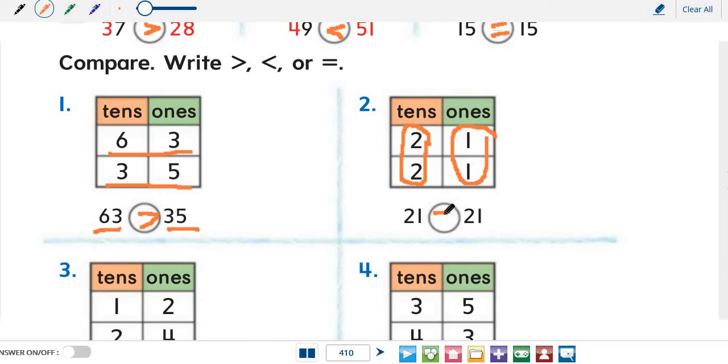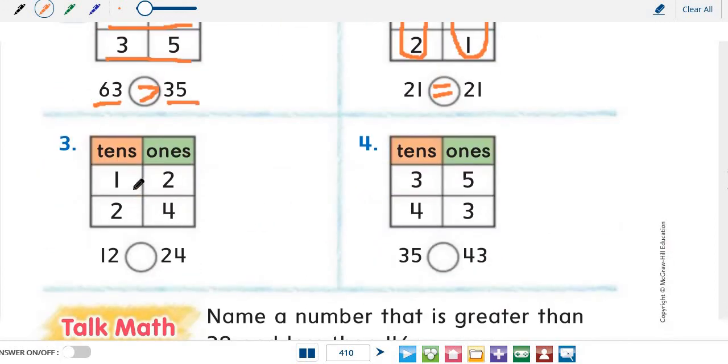So 21 equals 21. Question number 3. The first number is 12. The second is 24. The tens digit here is 1. The tens digit here is 2. Since 1 is less than 2, 12 is less than 24.